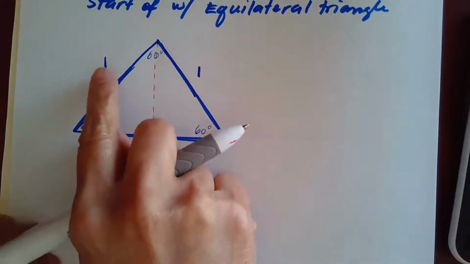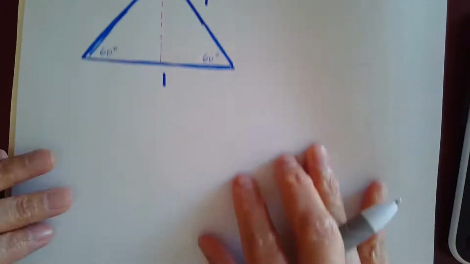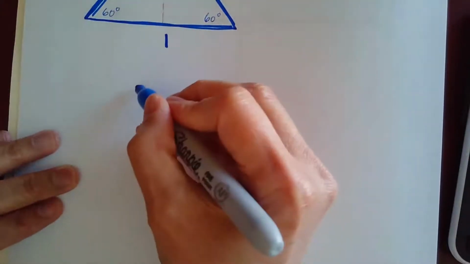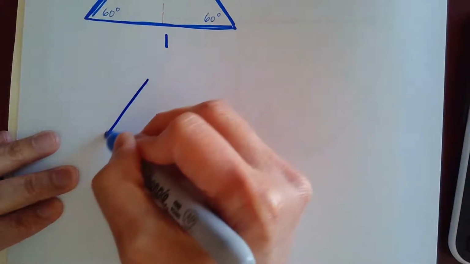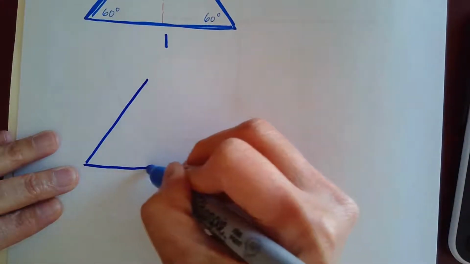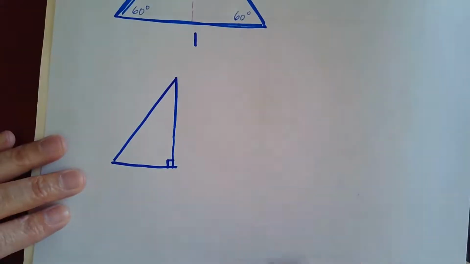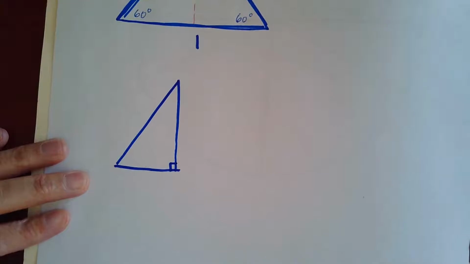So if we cut this in half, then I'm going to be left with this triangle. I'm going to be left with a 60 degree angle.